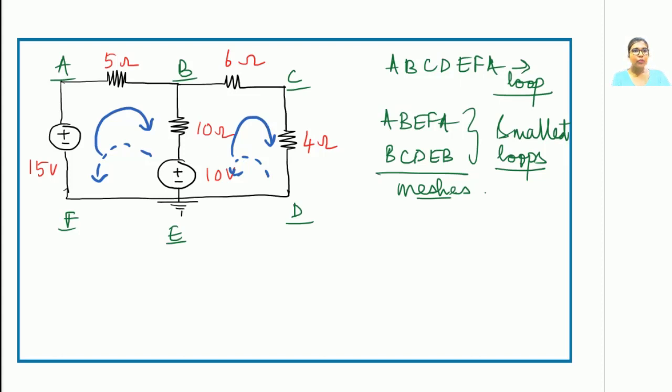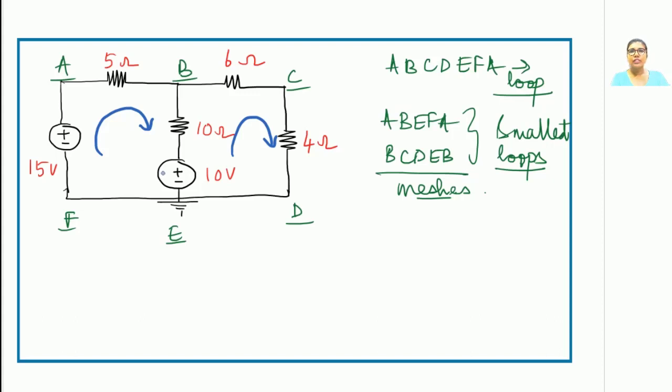So I'll go with the clockwise assignment of current. There is a clockwise current flowing in this mesh, and a clockwise current flowing in this mesh as well.